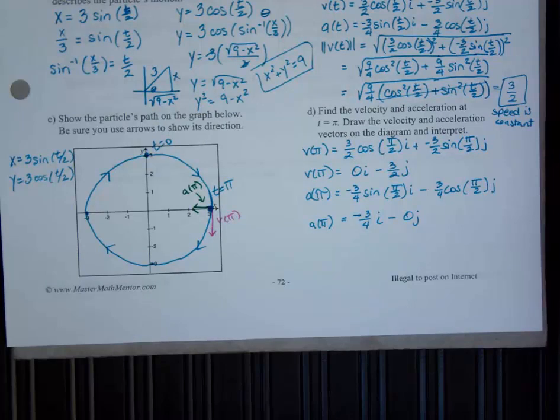Any questions about what we did? We just found the velocity vector, we found the acceleration vector, plugged in pi to both of them, which gave us the specific vectors at pi. Now I have a question for you. We're going to do the math for this too. This is kind of a side note.